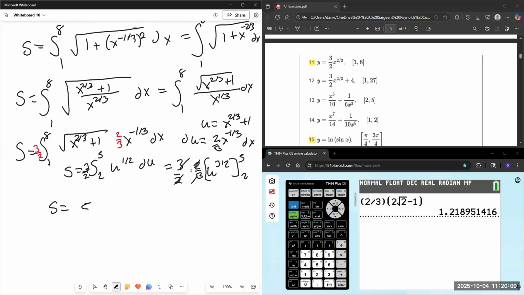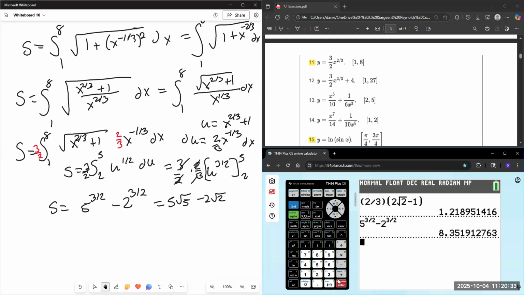S is equal to 5 to the 3 halves minus 2 to the 3 halves, or 5 root 5 minus 2 root 2. So 5 to the 3 halves minus 2 to the 3 halves. S is approximately 8.352 when I go to the nearest thousandth for my estimate.